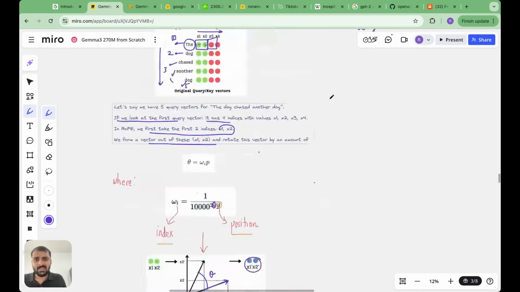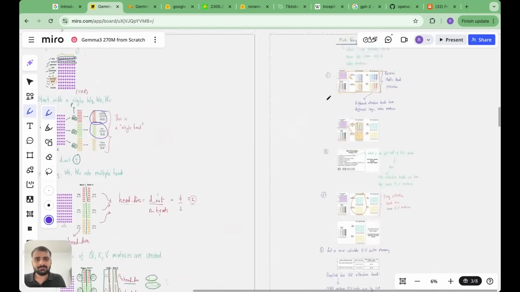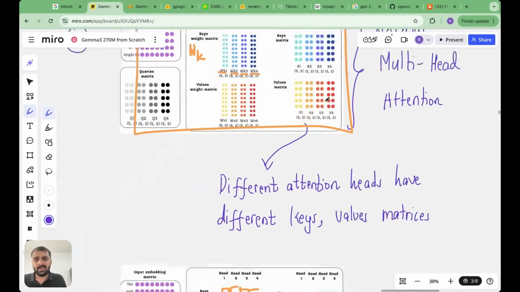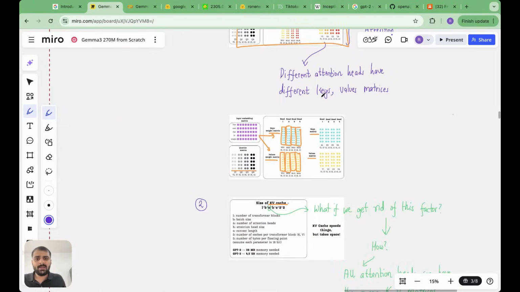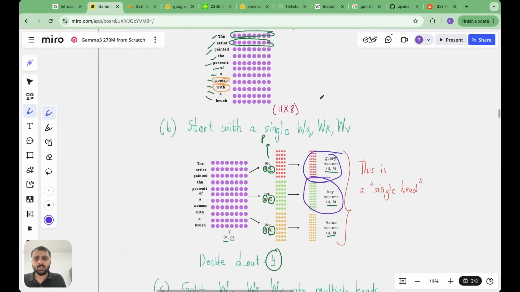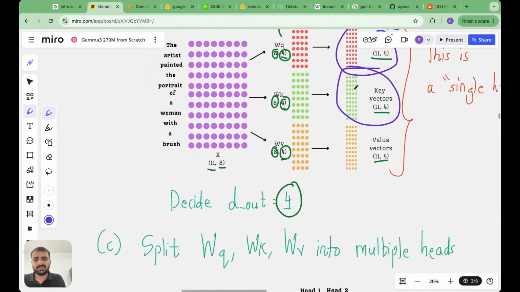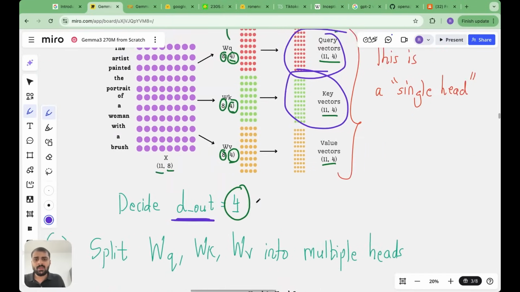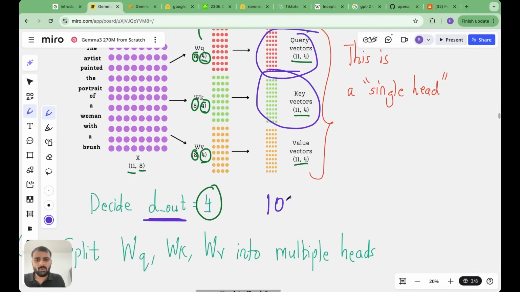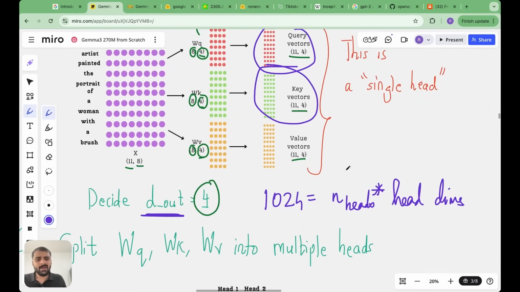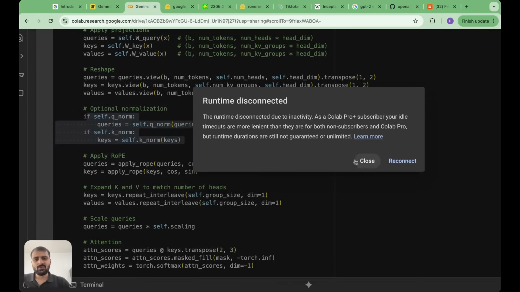The way they did this is that if you take a look at our attention mechanism here, I mentioned to you the query, the key, and the value matrix, right? And there is an output dimension. They had an output dimension of 1024, and that's equal to the number of heads times the head dimension. They had a number of heads equal to 4, and each head dimension was 256, which you will see in the Google Colab code file which we have.